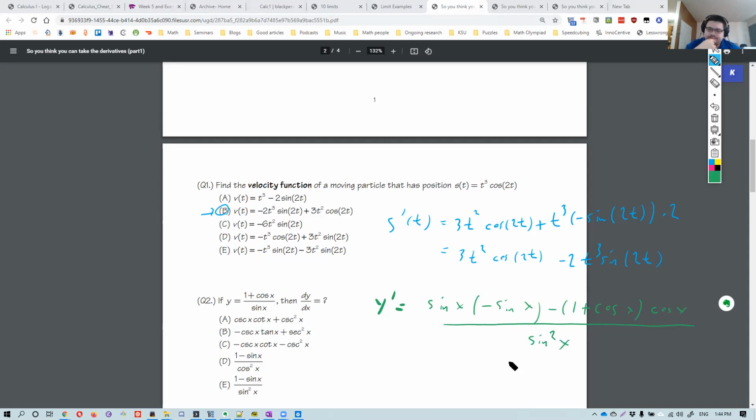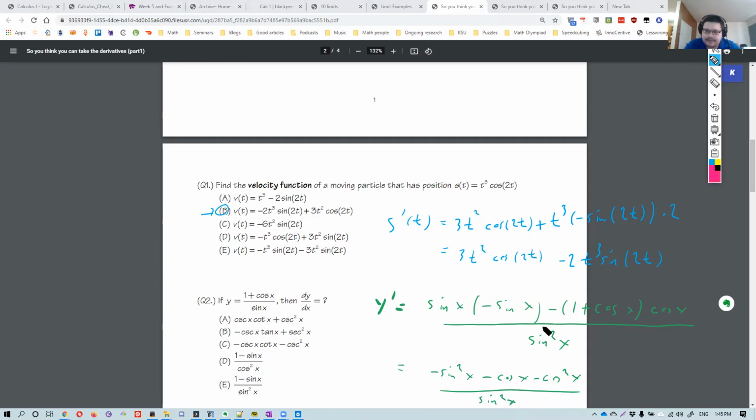If I simplify this a little bit, I'm going to get minus sine squared minus cosine x minus cosine squared x, all over sine squared x.